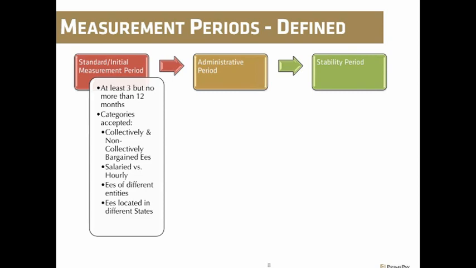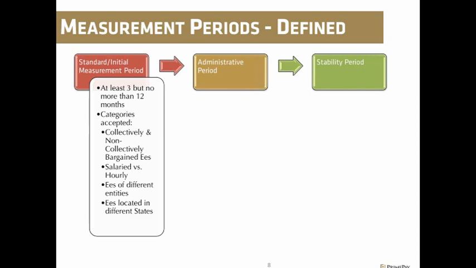But if you're a larger employer, you've got multiple locations, union, non-union, in different situations, it might give you the opportunity to change your standard measurement periods based on, number 1, whether they're collectively or non-collectively bargained employees, 2, salaried versus hourly, 3, employees of different entities.